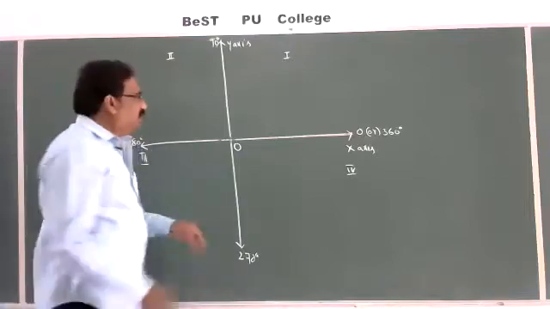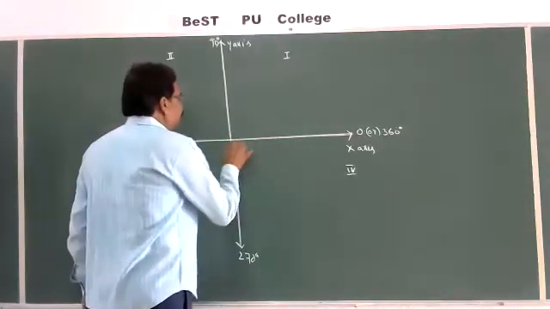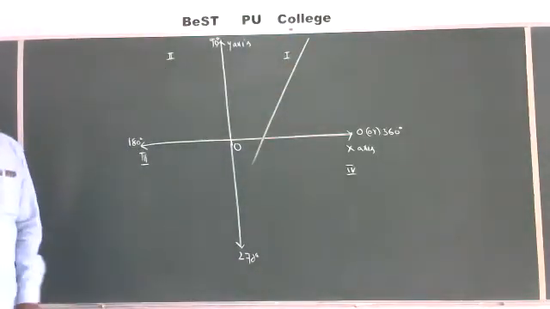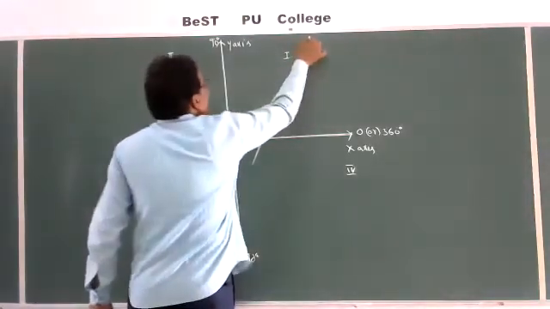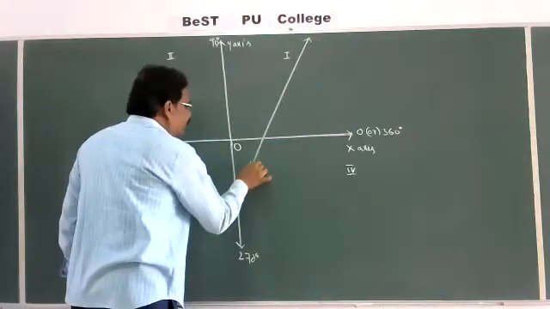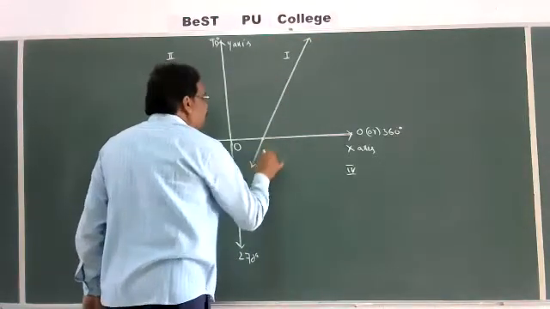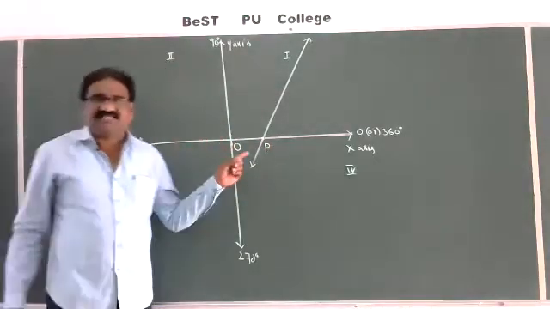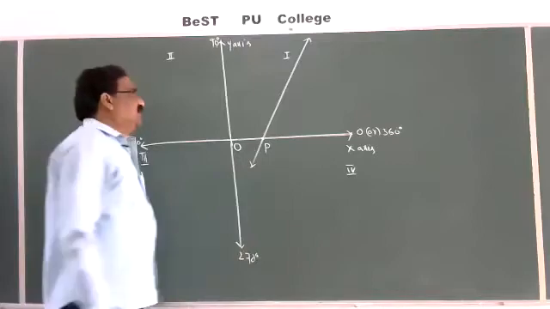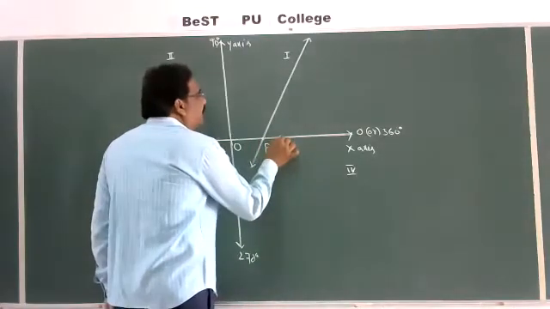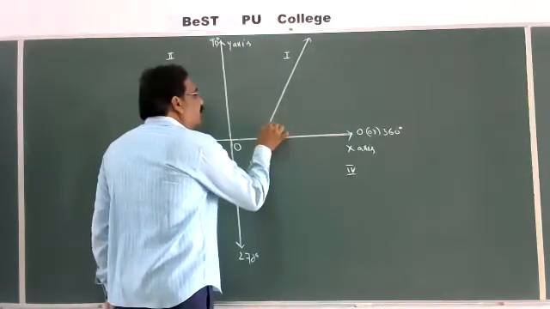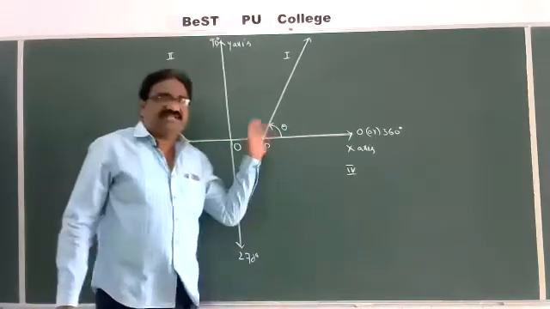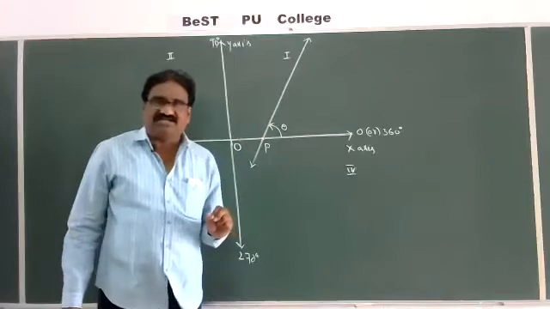Now we go to the point. This is the straight line, a line which meets the x-axis at any point P. This line makes an angle theta in the positive direction of the x-axis. Positive direction means anti-clockwise direction.